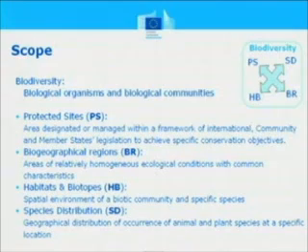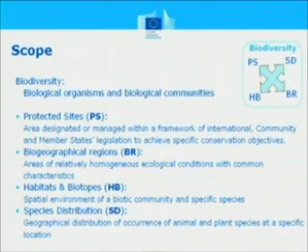Just to give you an idea what these four themes contain, protected sites are areas designated or managed within a framework of international community and member states legislation to achieve specific conservation objectives. And then we have these biogeographical regions, areas of relatively homogeneous ecological conditions with common characteristics.